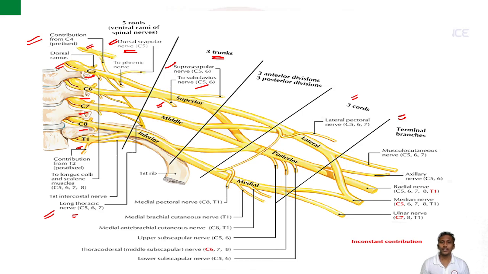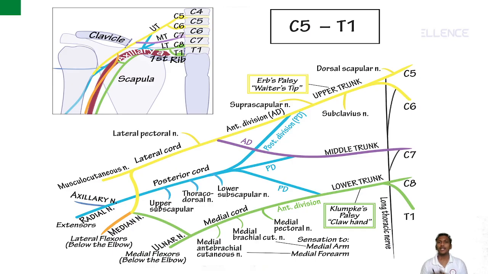Now moving further, just simplifying the brachial plexus altogether. This is the easy diagram that you can remember. The brachial plexus is a network of the ventral nerve roots from C5 till T1. Sometimes it can be C4, sometimes T2 as well, but mainly it is C5 till T1.